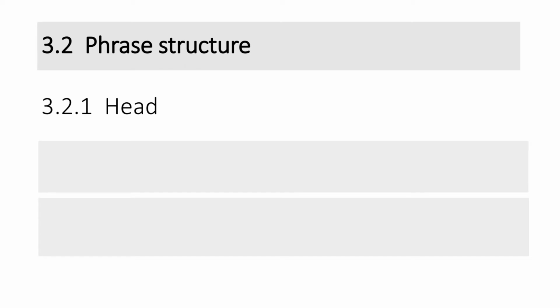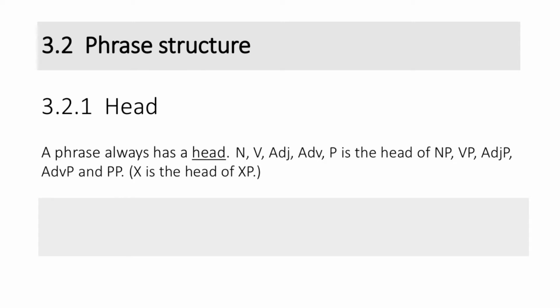In addition to noun phrase and verb phrase, there are other phrases like adjective phrase, adverb phrase, and preposition phrase. Essentially, a phrase always has a head. A noun, verb, adjective, adverb, and preposition is the head of a noun phrase, verb phrase, adjective phrase, adverb phrase, and preposition phrase.